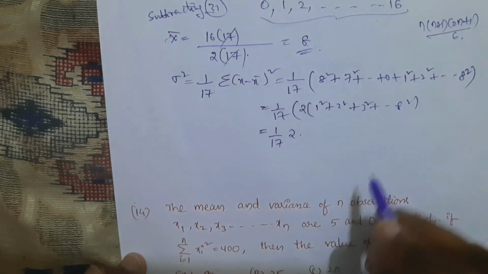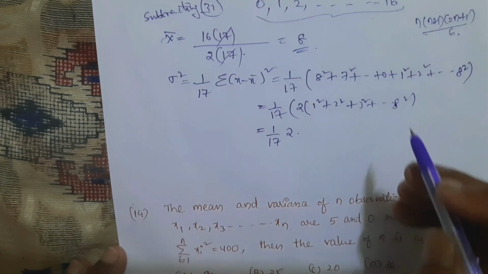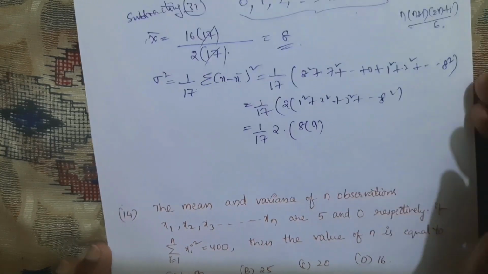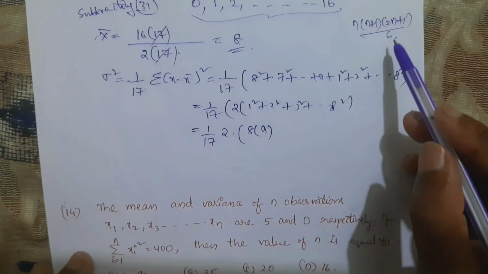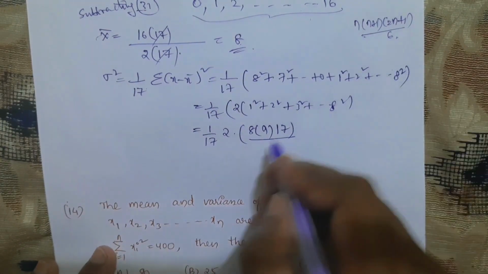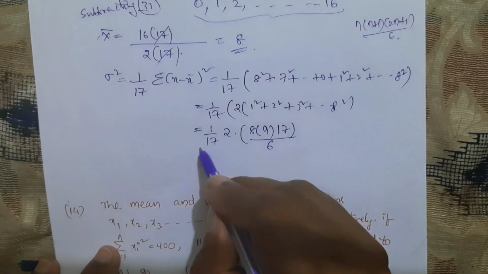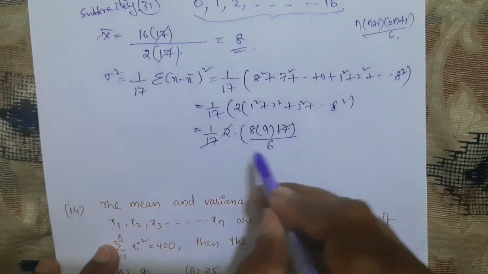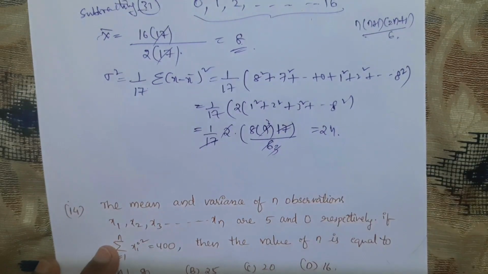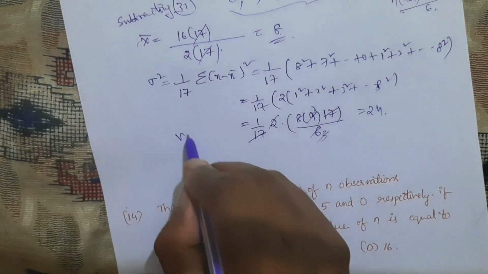Here n is 8, so 8 into 9 into 2 8 is 16, 16 plus 1, 17, divided by 6. Now simplify: 17 cancel, 2 1s are 2, 3s are 3, 1s are 3, 3s are 8, 3s are 24. We got 24, that is the variance.